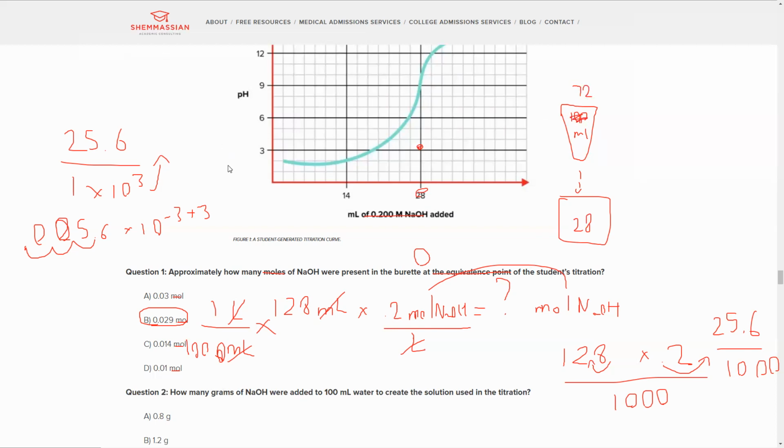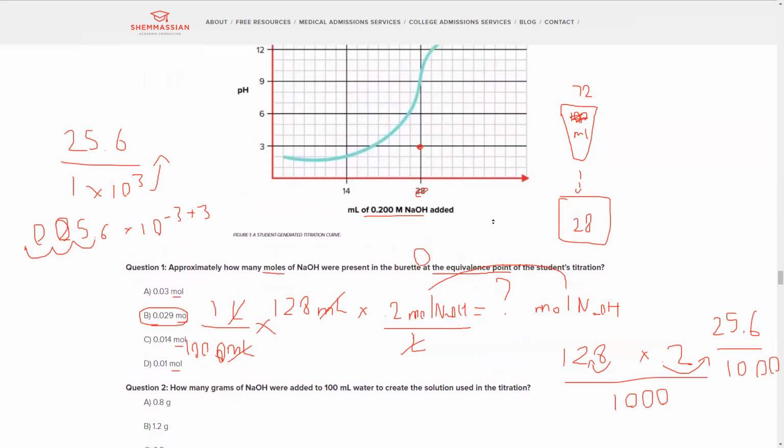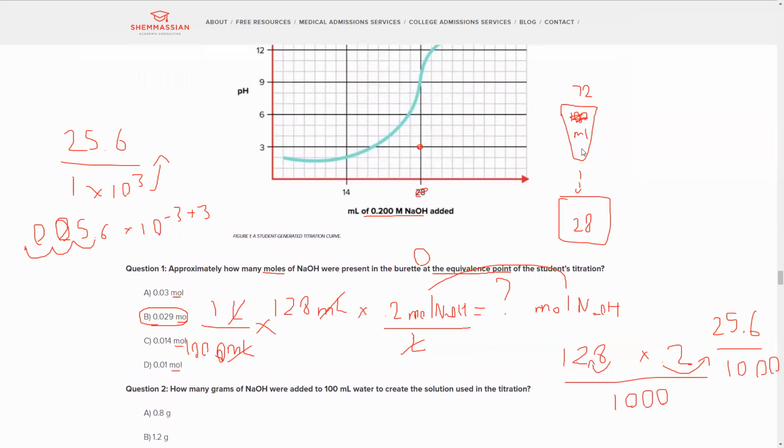Yeah, that's a tough one. It's purposely unclear wording, because they want you to know how a titration works. And these kinds of things you would only pick up through practice: okay, I got this titration question wrong because of this.